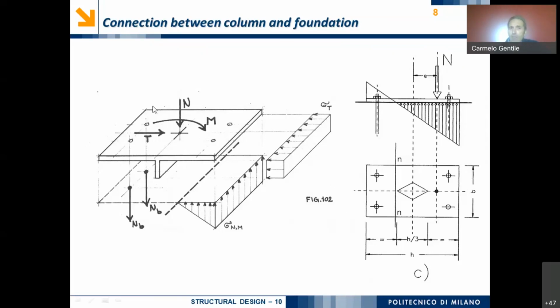Otherwise, if we look, for example, at the upper plate, the upper plate is subjected to a triangular distribution of stresses, the one denoted here as sigma n m, which means the normal stresses associated to the action of the axial force and of the bending moment.